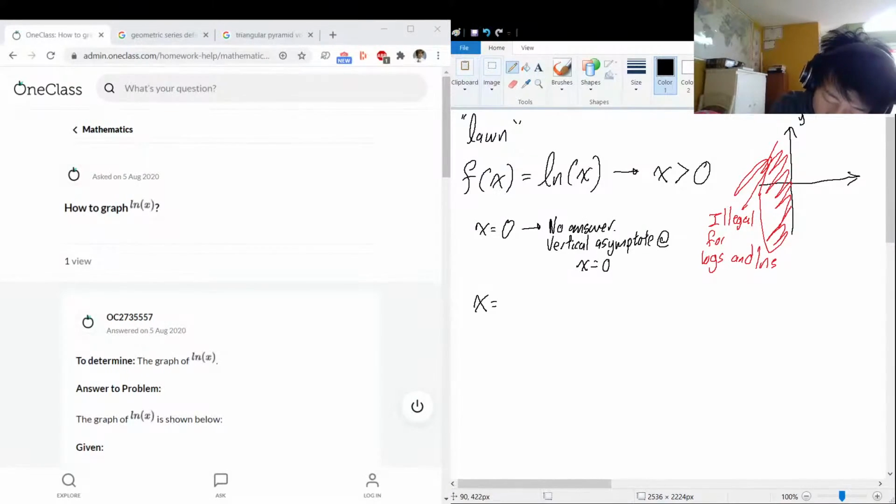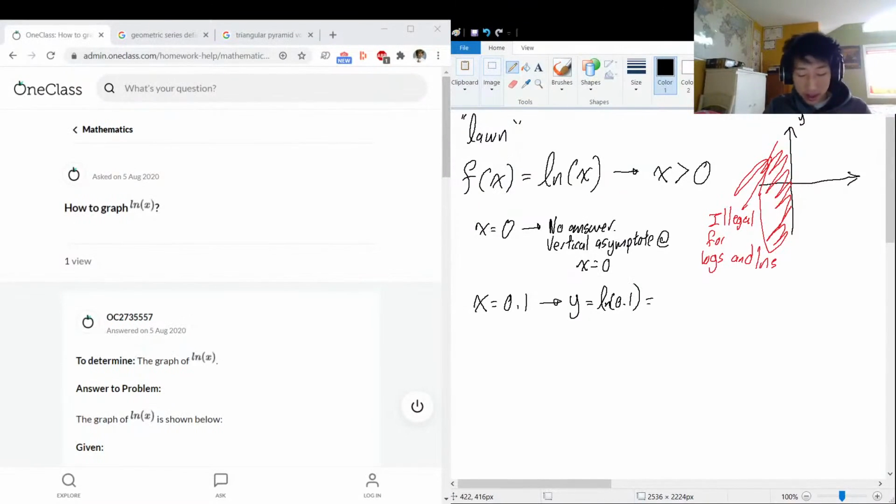Okay, let's say x equals 0.1. y is going to be the natural logarithm of 0.1.